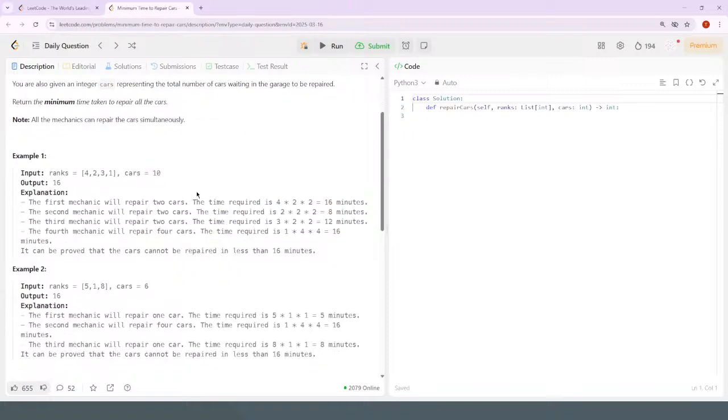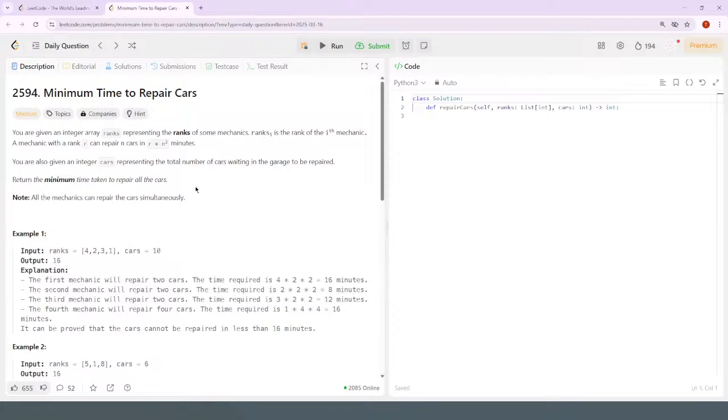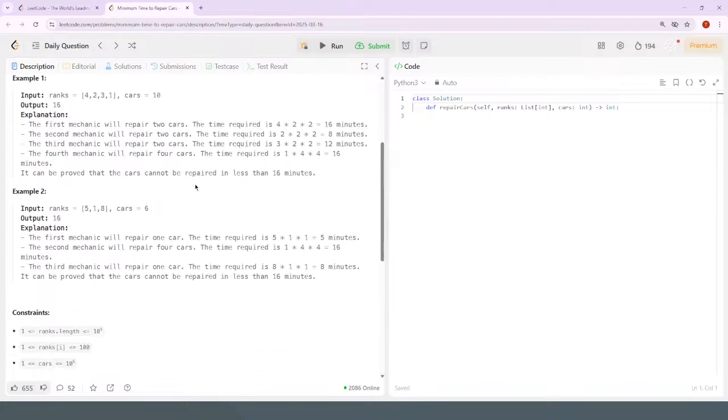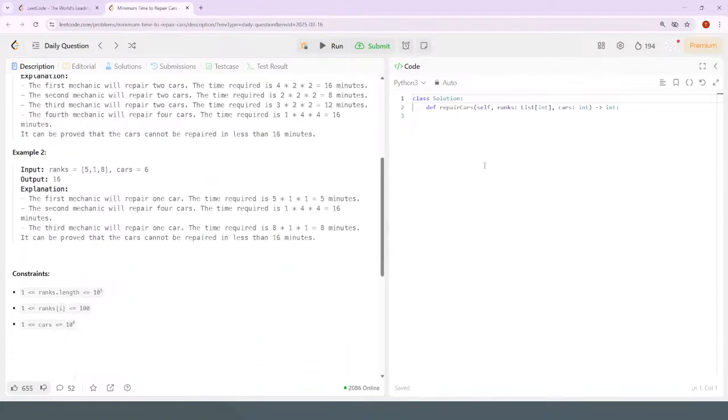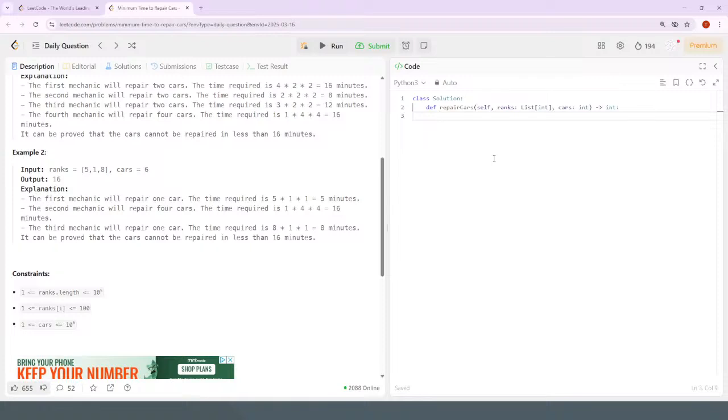Wonder if you should do binary search again for this one. There's 100 ranks. So, alright, let's try the binary search method. I'm not sure if that's the fastest, but it's a method.